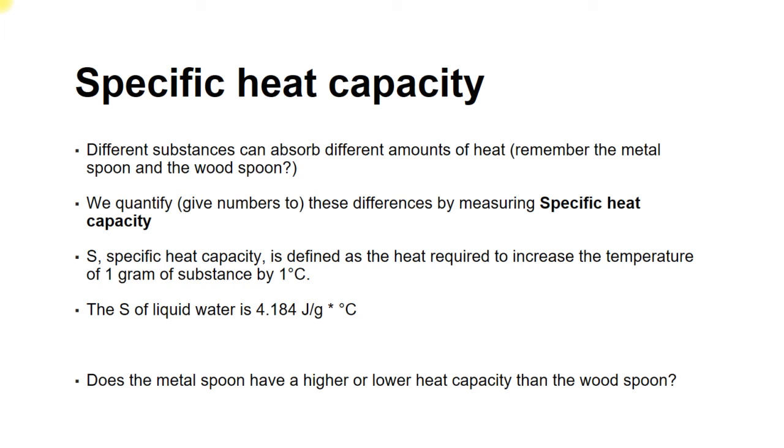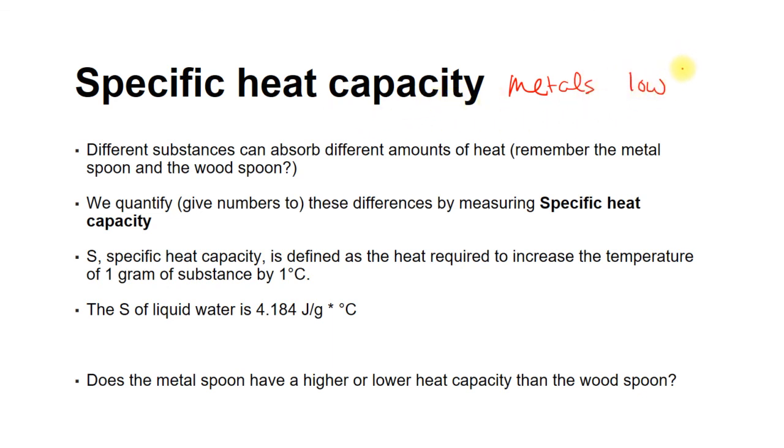For example, if I make soup and I put a metal spoon in there and I put a bamboo spoon in there, one of them will be hot when I come back to stir the soup and the other one won't. And of course, the metal spoon is going to be the one that's hot. So that's not the one I'm going to grab. That's because metals have a really low heat capacity.